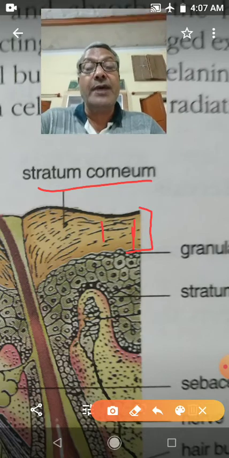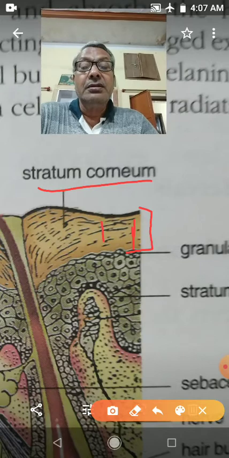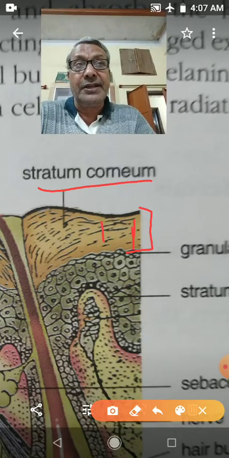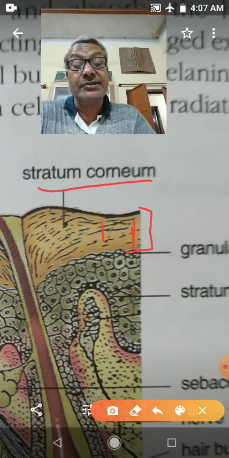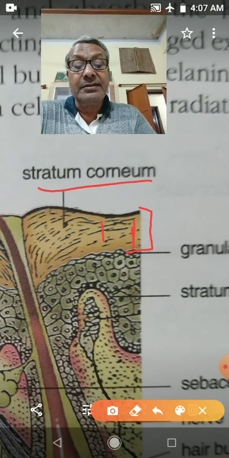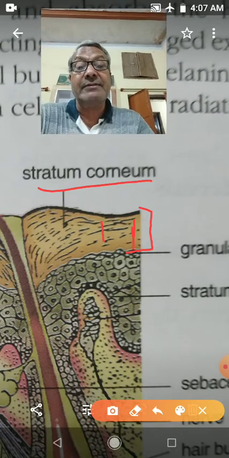So children, you have to know the skin is made up of two layers. Outermost layer is epidermis and inner layer is dermis. Epidermis is the thinner part of the skin. It is made of three sublayers.